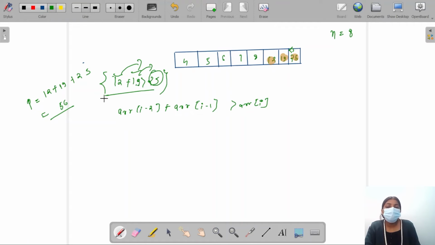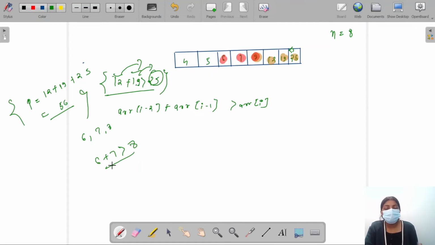Now I have got my largest perimeter, because if I check any other three sides, say 8, 7 and 6, they also form a triangle, since 6 plus 7 is greater than 8.